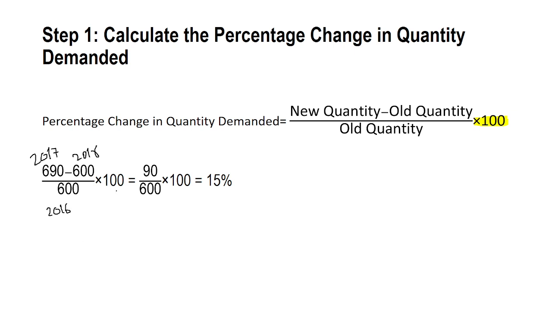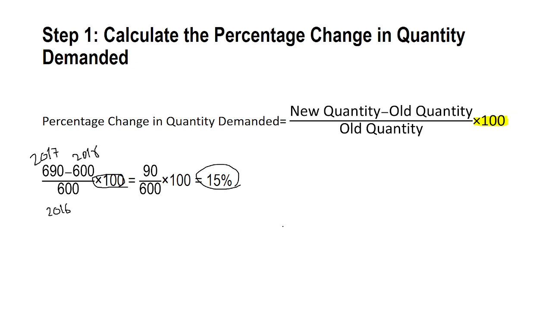And we don't forget this multiplication by 100. So 690 minus 600, divided by 600, multiplied by 100, equals 90 divided by 600 multiplied by 100, equals 15%. So the percentage change in quantity demanded equals 15%.